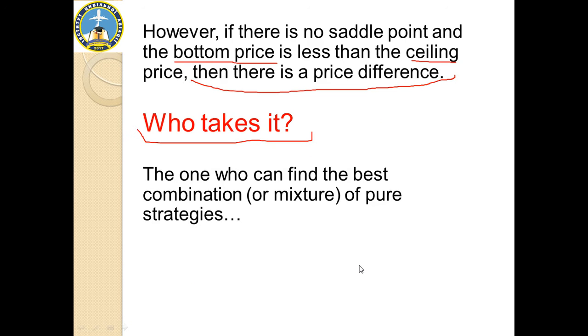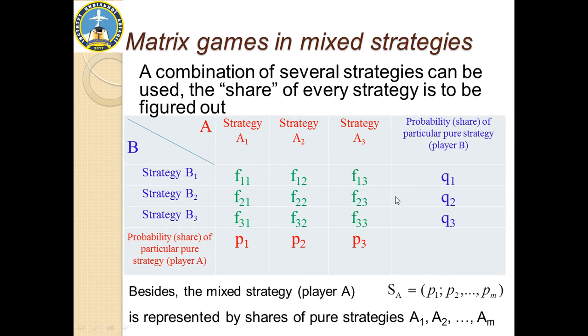Now, we suppose that there is no saddle point in the payoff matrix. So then there is a price difference between the ceiling price and bottom price. Now we can find a solution in so-called mixture of pure strategies, or mixed strategies.